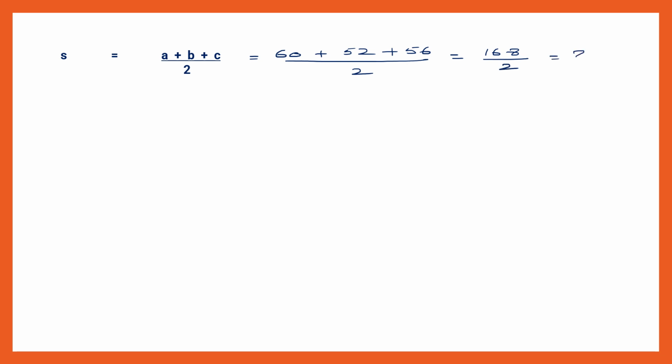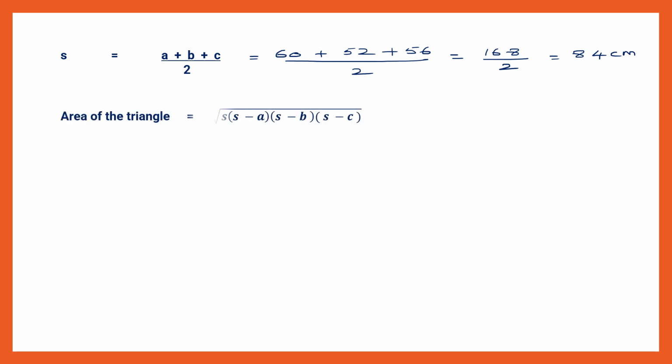So let's continue by saying semi-perimeter is a plus b plus c, which is the three sides, divided by 2. That is 60 plus 52 plus 56 divided by 2. So we have to add up all these and divide it by 2. That is 168 divided by 2, which is 84. So we have found the semi-perimeter to be 84 centimeters.